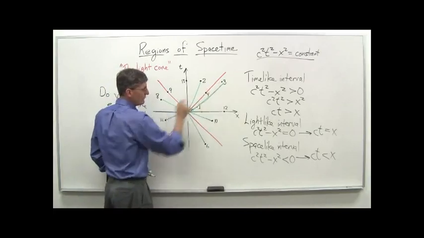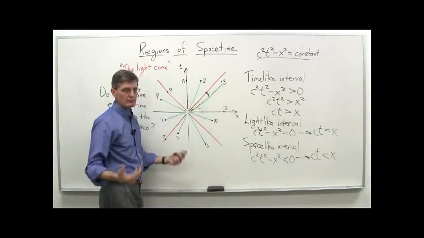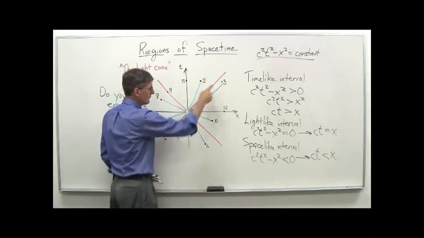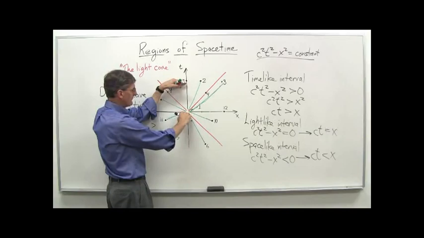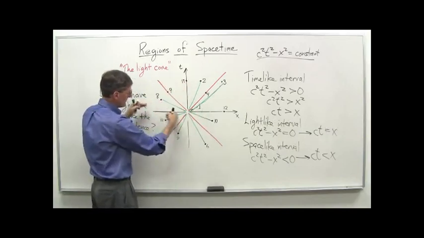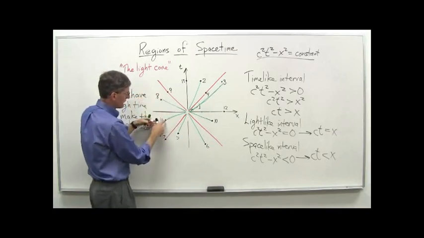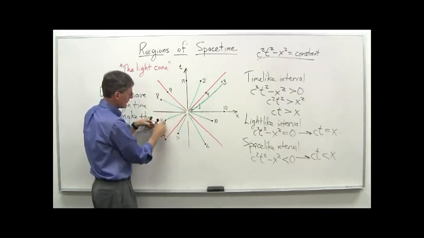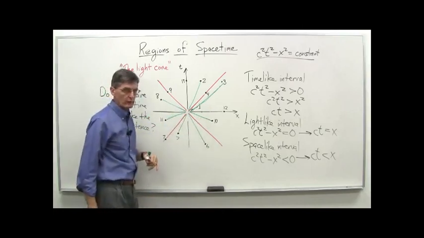I can't get from 1 to 3 in my spaceship or even with a beam of light. It's too far out here for the amount of time I have. Or again, 1 to 8 over in this direction. To get over here in the amount of time I have, I don't have enough time. Same thing from 11 to 1. Starting at 11, can't get to 1 in time, or 10 to 1 going that way.